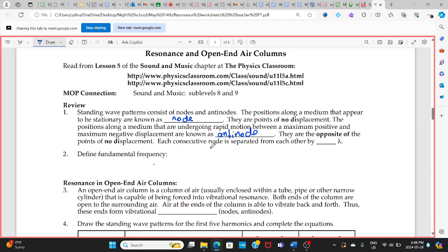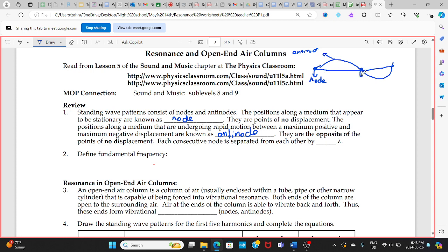Each consecutive node is separated from each other by how many lambda? So this is my full wavelength, right? That would be node. This one is node. And here the maximum or minimum is antinode. Each consecutive node, so the first node here, the second node is here. If this is a full lambda, what would be the separation between two nodes from here to here?